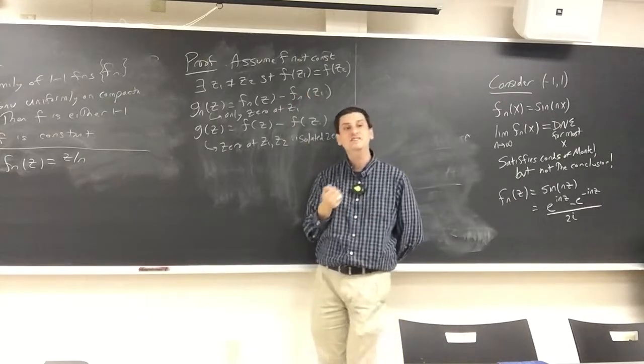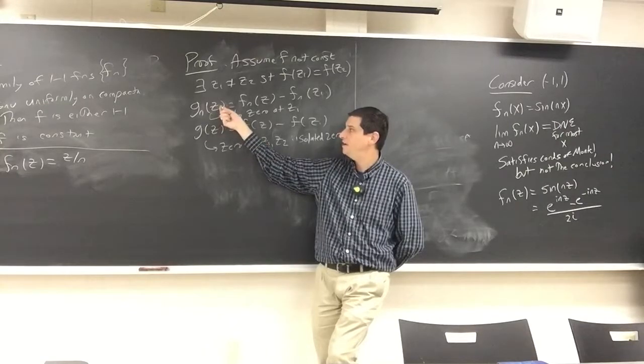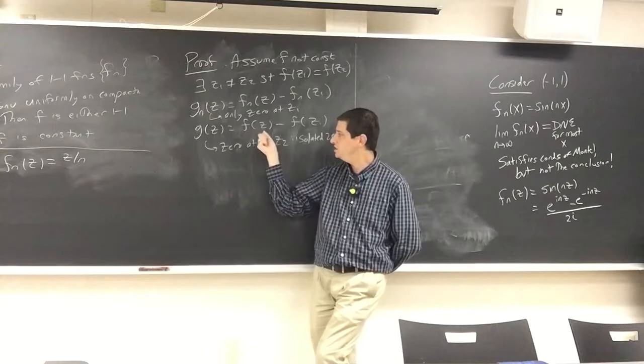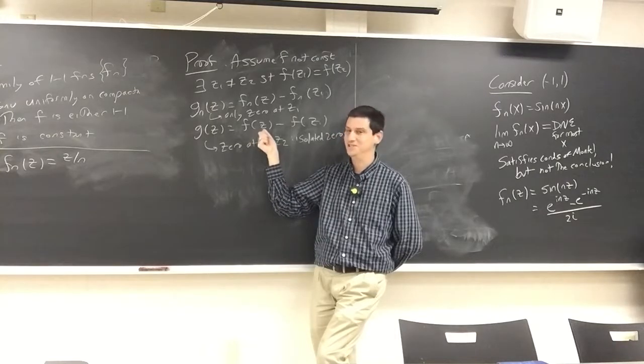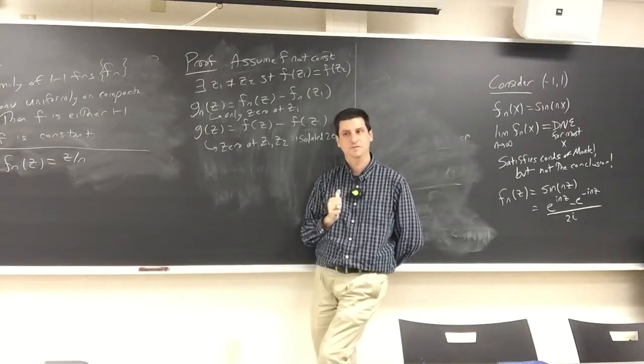But because f_n is injective, that means z_3 equals z_1. So by the injectivity of f_n, the only 0 here is at z_1. Oh no, can't say only 0 for g; this has at least 2 zeros. It could have more, and these zeros are isolated.